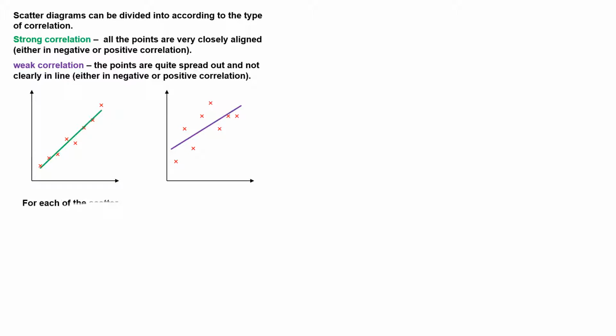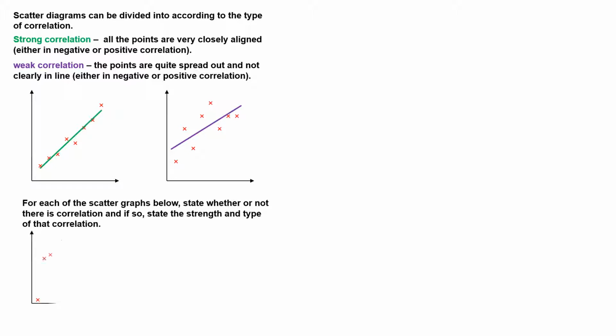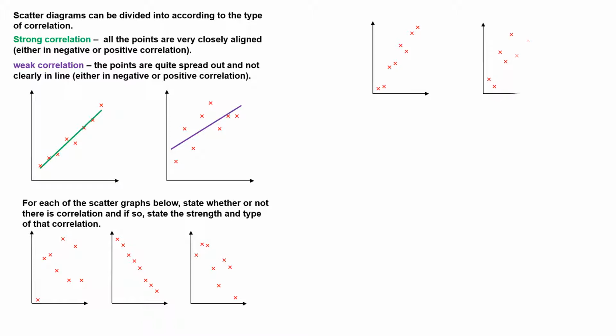For each of the scatter graphs below, state whether or not there is correlation, and if so, state the strength and type of that correlation. No correlation. Strong negative correlation.